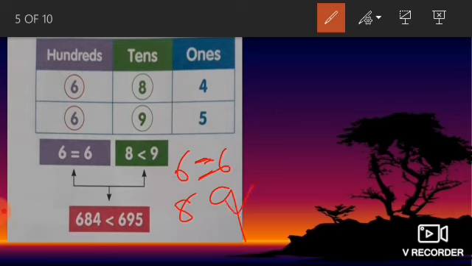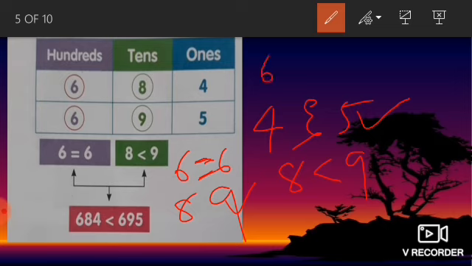Yes, 9 is bigger. In ones place also, 4 and 5. In these both, which is the bigger? Yes, 5 is the bigger number. 8 is less than 9. Now, by comparing, we came to know that 684 is less than 695.